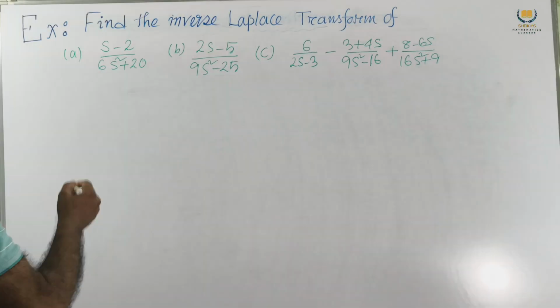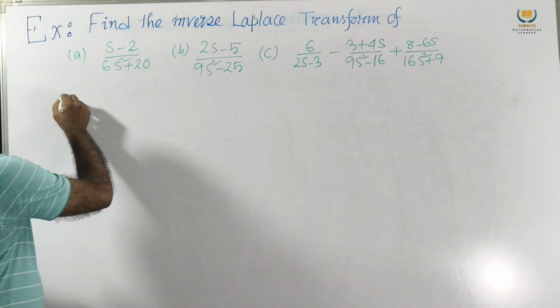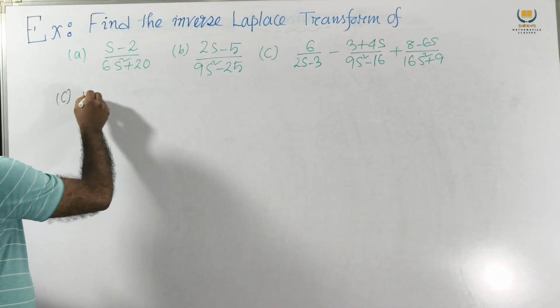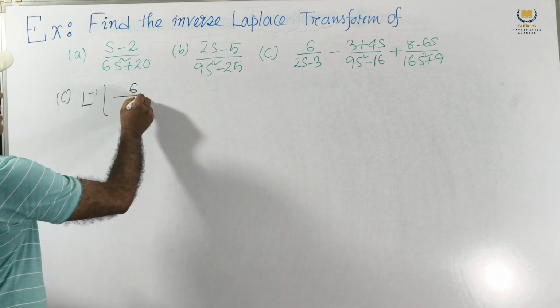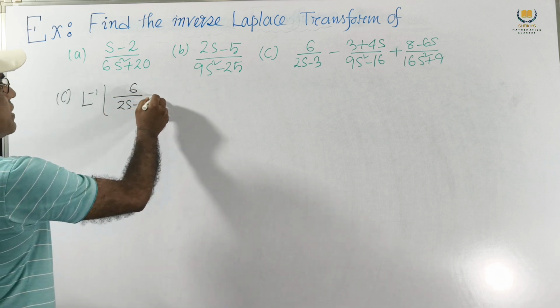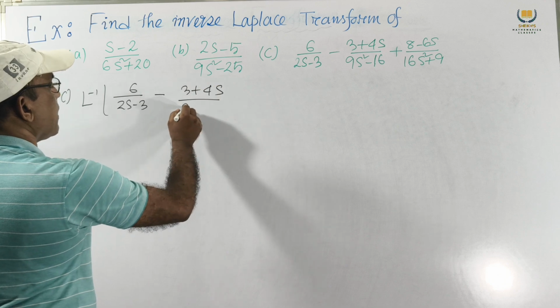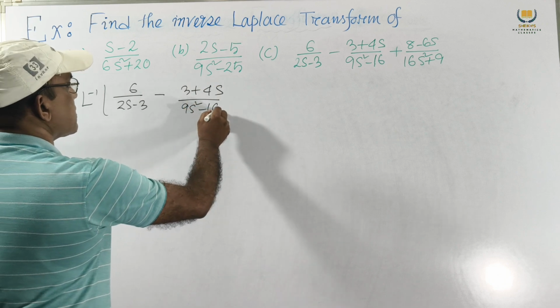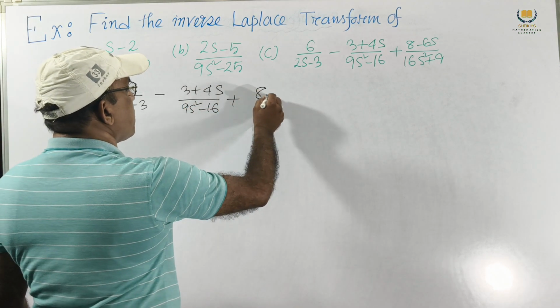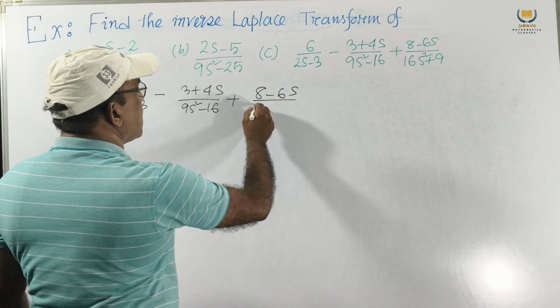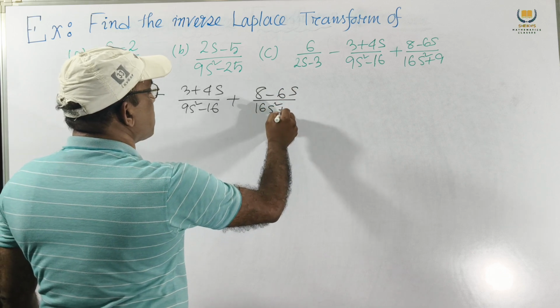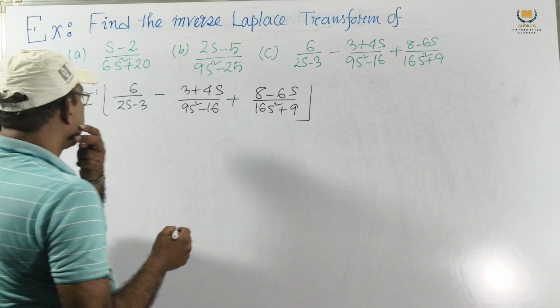This is our answer. Now number C, consider L inverse of 6 by (2s minus 3), plus (3 plus 4s) by (9s square minus 16), plus (8 minus 6s) by (16s square plus 9). We get this one.